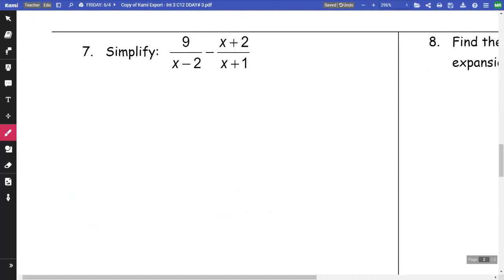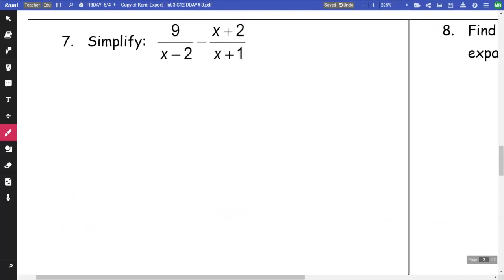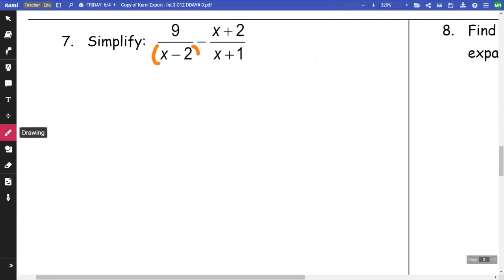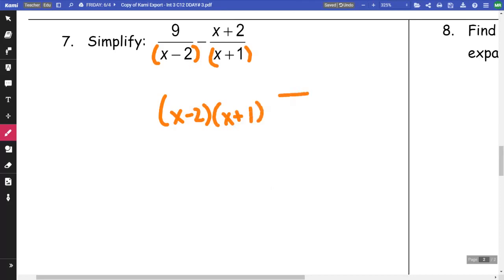On number 7, this is review from last chapter, and we need to get a common denominator. So I am going to multiply top and bottom to end up getting an x minus 2 times an x plus 1 as a common denominator.